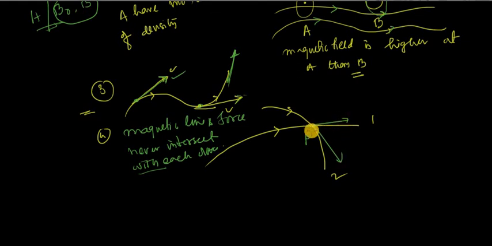So at point B we would have two directions of the magnetic field if the lines of force intersected. That means lines of force never intersect each other. This is a very important understanding you have to mark. Next, I'll do something else in the next video.